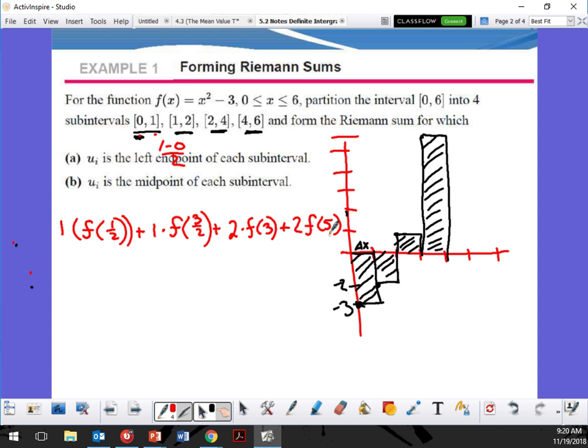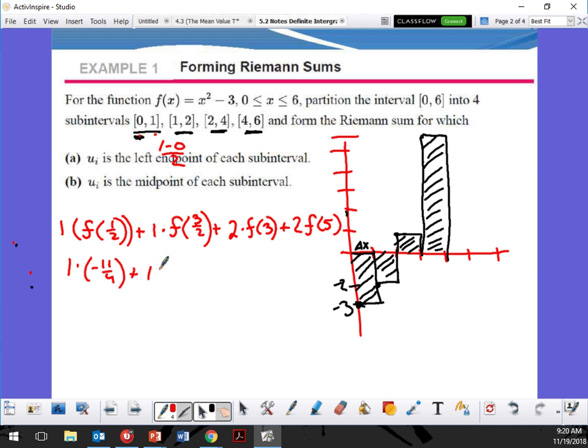So, calculator, because I don't want to do the fractions. Do you want to do the fractions? Okay. Anyway, so it's going to be 1 times, it's 1/4 minus 3, negative 11/4. Yeah? Okay. That's correct.